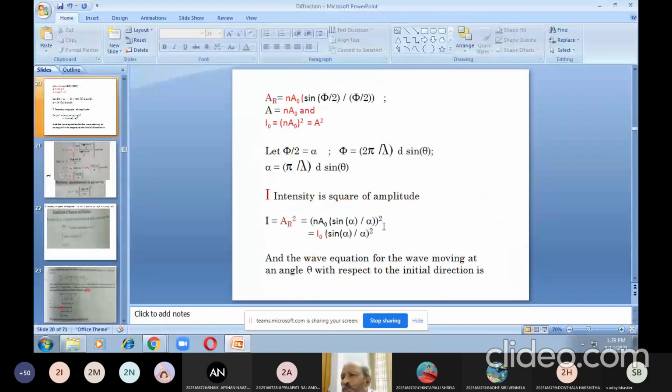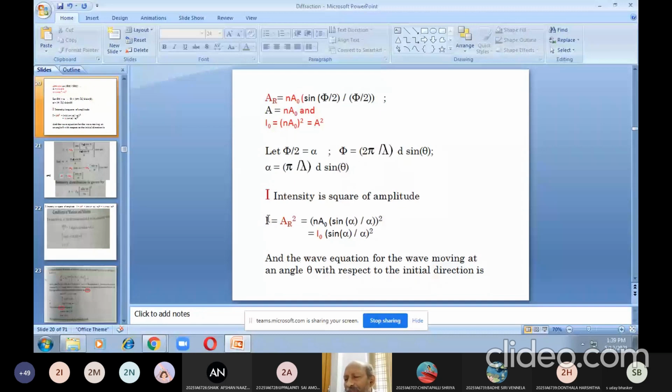Now our question was to find the intensity distribution. Intensity is nothing but the square of the amplitude, and amplitude is n A naught sine phi by 2 by phi by 2, where phi by 2 is taken as alpha. So this is n A naught sine alpha by alpha, whole square.